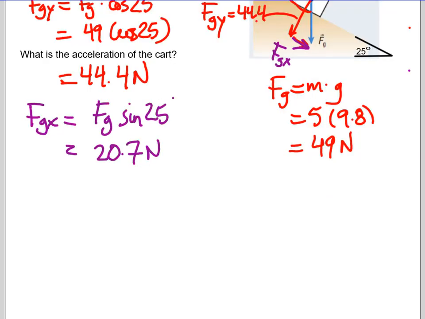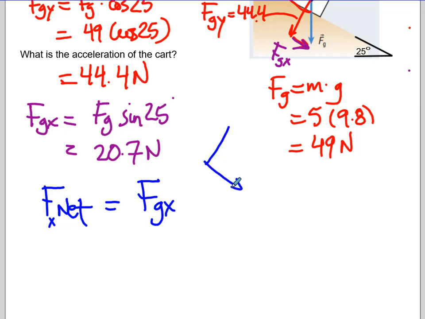Okay, and that would be the force acting on the box to the right, bringing it down the ramp. Now if I want to figure out the acceleration, I go back to my F net, and I'm going to do this in the x direction, so I'm just going to put a little x in there. And the only applied force acting on the object in that direction, so my axis is kind of on an angle. This is my x, and this is my y. Okay, so then I could replace this with mass times acceleration.